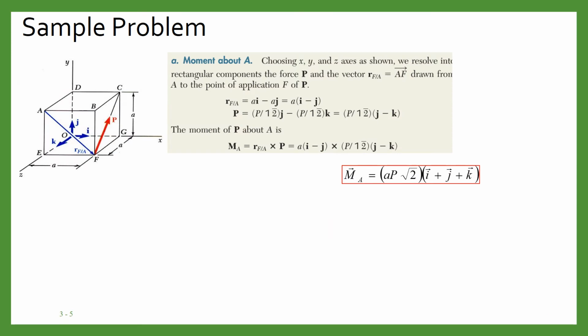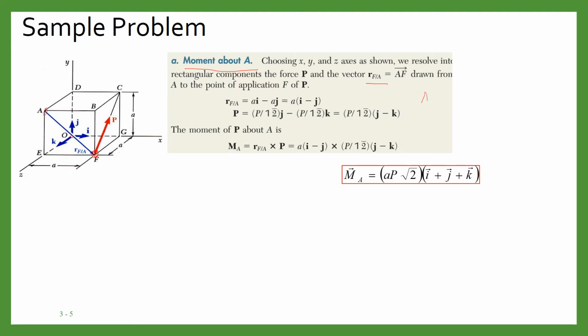Now the first part is the moment about A. We have assumed the origin at this point, and these are our unit vectors I, J and K. Because our force is applied at F, if we want to find the moment about A, then we need to find this AF.